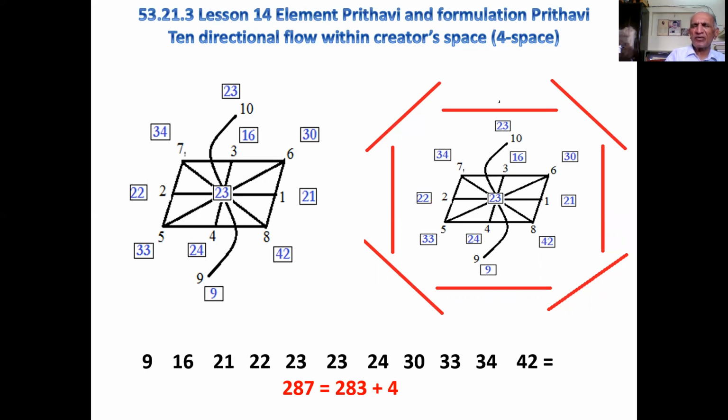So this 10 directional frame within 4 space, within hypercube 4 domain is the full expression, and this full expression, as we have seen, is of total value 287.